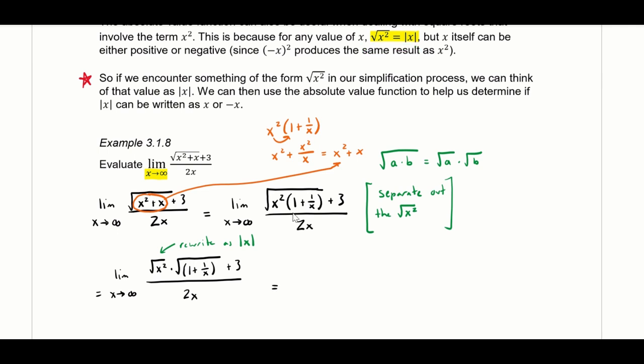So let me rewrite this one more time. The limit as x goes to infinity of the absolute value of x times the square root of 1 plus 1 over x, plus 3, divided by 2x.